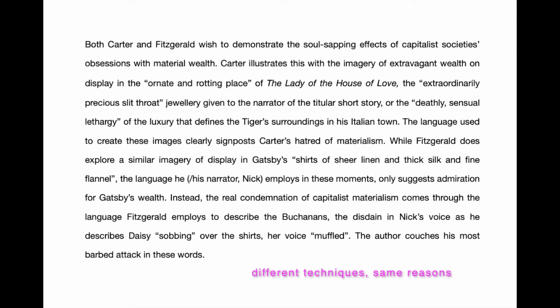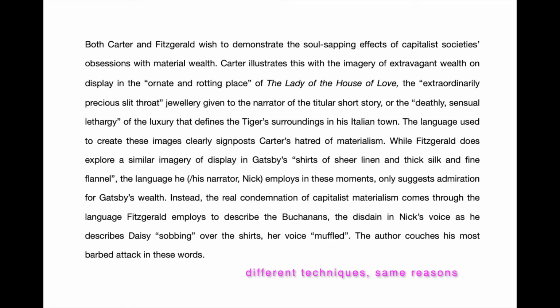But look closer. The thing that makes this a really sophisticated comparison of language is that the writer here has said, well, both have the same reason, and the way that the writers convey these reasons might look similar because there's all this imagery of materialism, but actually the way that these writers show that they're against materialism is in quite different techniques.